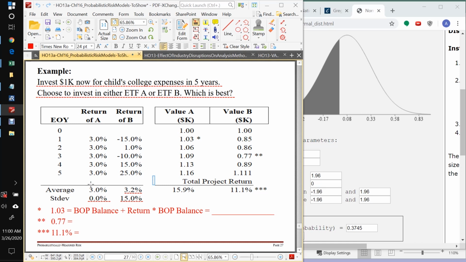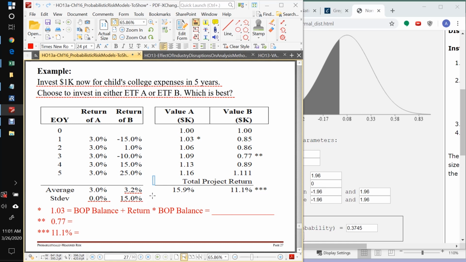So A has a standard deviation of 0 because it's looking something like a treasury, right? It's returning 3% a year no matter what, no ifs, ands, or buts about it. Okay, so ETF A might be something that invests only in treasuries. And B, you can see it's very, very volatile, minus 15%, 1%, minus 10%, 15%, 25%. So if we take the standard deviation of that, we get 15%.